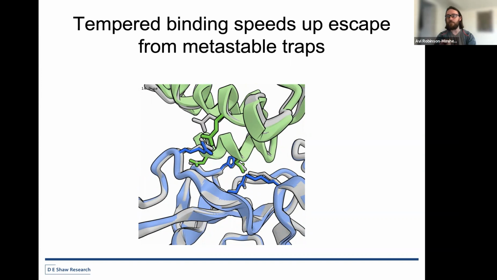You see it come into the right low energy state here. That's probably because it's vastly more likely than the other ones. But in a proper tempered binding run, you will see it explore some of the other possible binding poses as well, if there are any other decent ones.